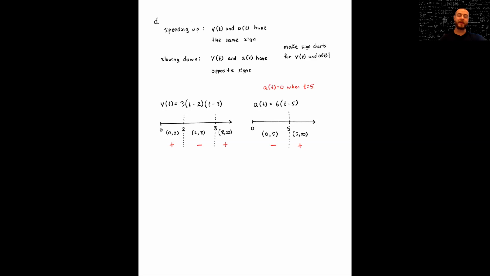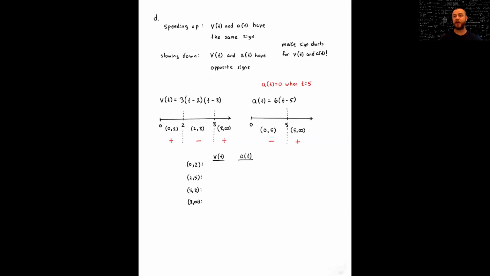We just need to rearrange our work in the sign charts to see when the velocity and acceleration have the same signs or different signs. Let's take a look at all the important values of time, 2, 5, and 8. And let's split our time interval from 0 to infinity at each of those important values.